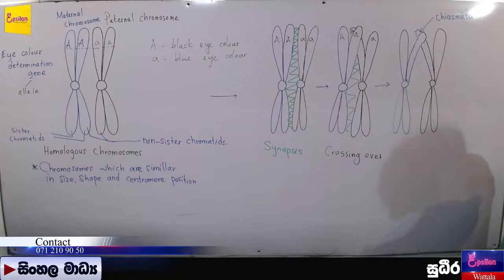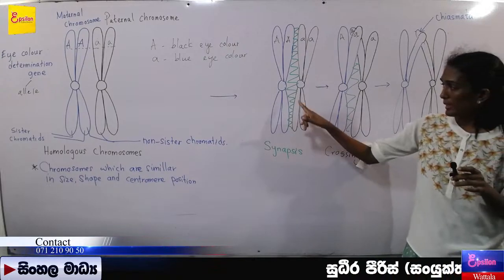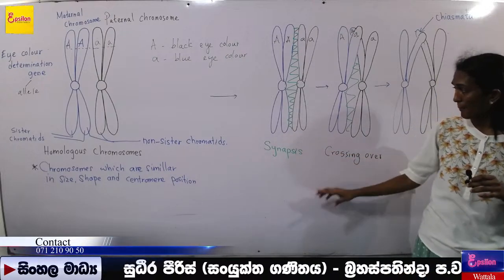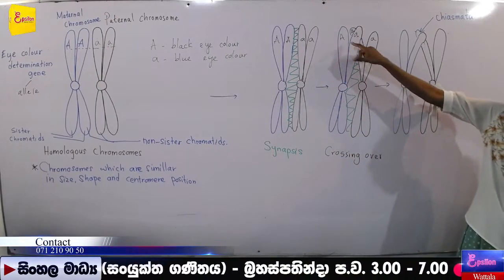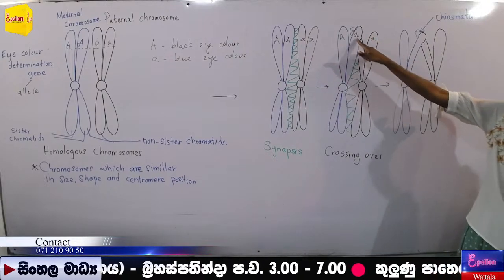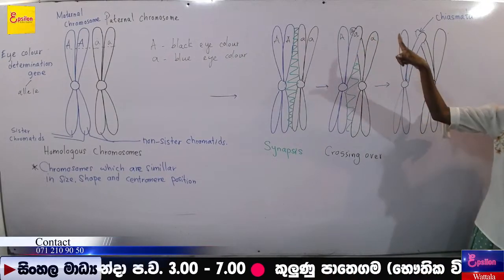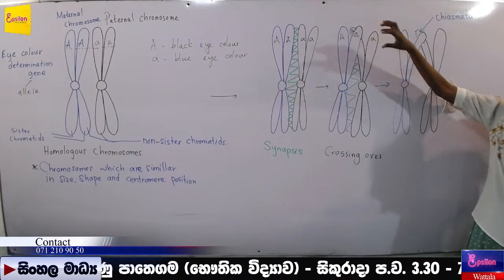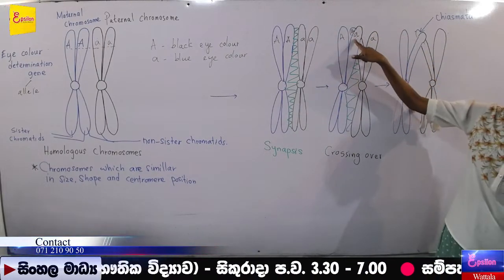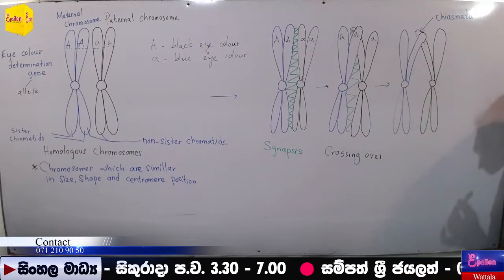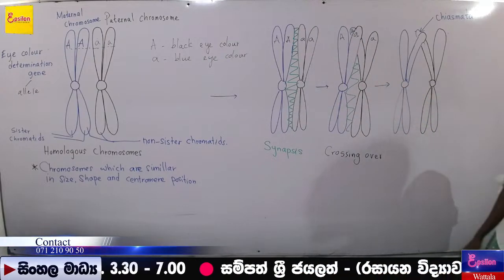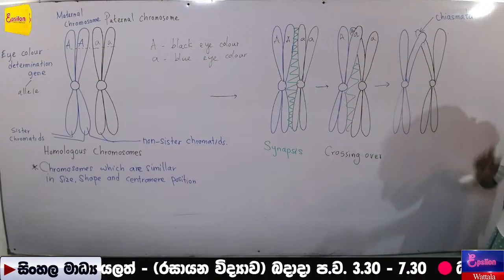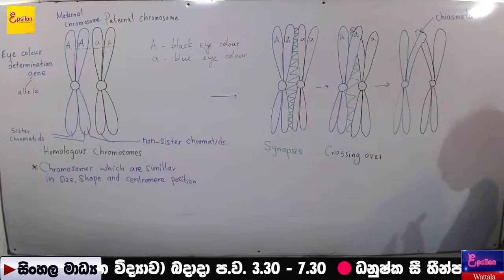What happened here was the pairing and physical connection of homologous chromosomes. This is synapsis, and they started to entangle their non-sister chromatids, and crossing over occurred. Crossing over means parts of the DNA molecules of non-sister chromatids break, exchange, and rejoin, meaning that it's forming new genetic combinations in the new chromosomes which are going to form, which are different from the parent cell.